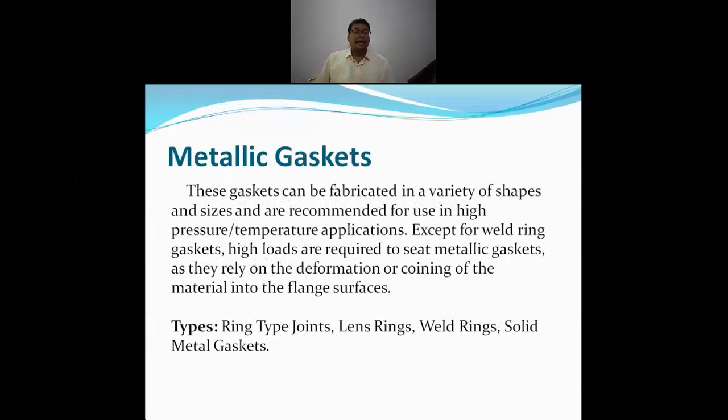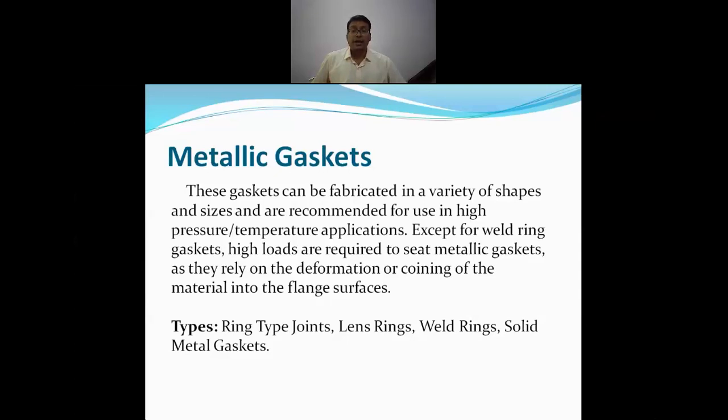Then third is the metallic gasket. These gaskets can be fabricated in a variety of shapes and sizes and are recommended for use at higher temperature and pressure applications. Except for weld ring gaskets, high loads are required to seat these metallic gaskets. To deform them, you have to apply higher bolt loads.